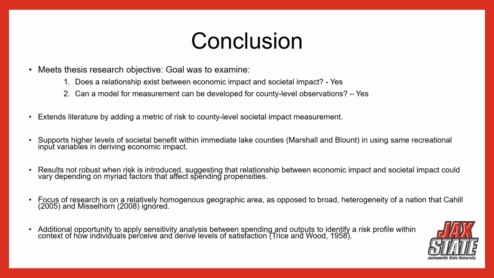And since those metrics are higher for risk, this shows that even though we produce a higher level of societal impact in the counties where the lake exists, it does not extend further once you include risk in that profile.